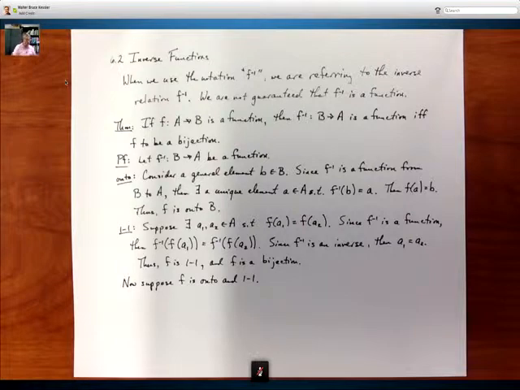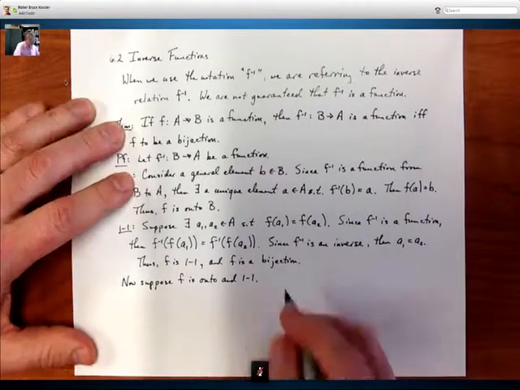So that means F inverse is going to go from B to A. If I take any element in B and apply F inverse to it, I get a unique answer in the set A. Exactly one answer, and it has to work for every element of the set B. Okay, so I think you see where we're going with this.